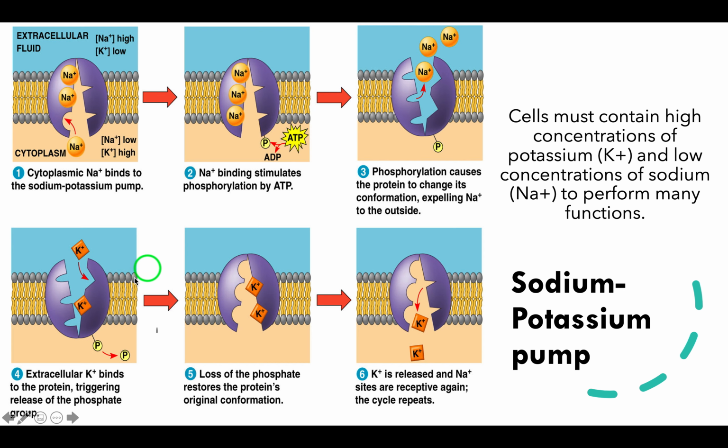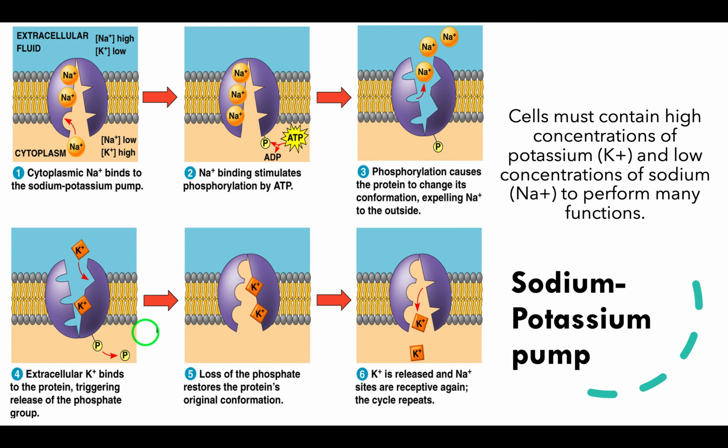Now let's examine diagrams 4 to 6. In the case of potassium ions, its concentration is low outside the cell and high inside. Again, cells need to maintain a high concentration of potassium inside the cell, so it will want to receive even more potassium ions from a low concentration outside going in.